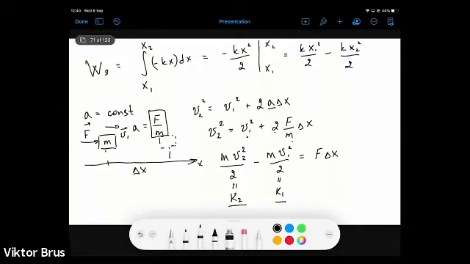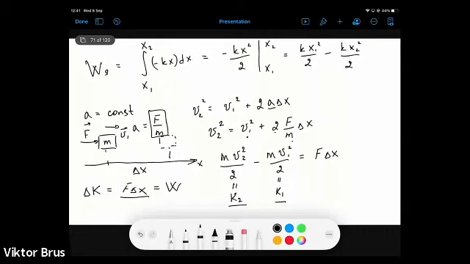And what do we see from this equation? That the change in the kinetic energy, delta K, which is K2 minus K1, is equal to F times delta x. And this is equal to the mechanical work done by this force F at the displacement delta x.